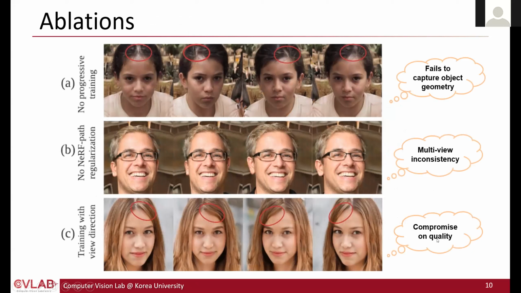So they compromise between quality and 3D consistency like this. The hair direction should stay in this direction, but they compromise and move it to here because this is more realistic in GAN-based models.